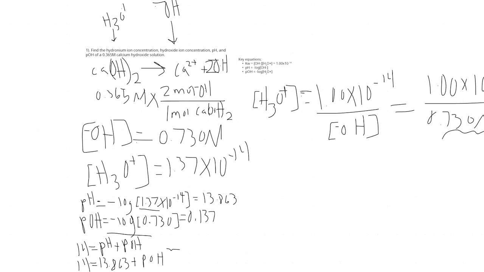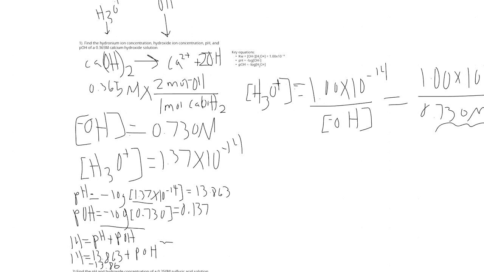What we're going to do is isolate pOH by subtracting 13.863 on both sides.